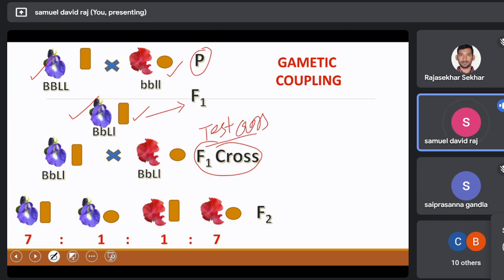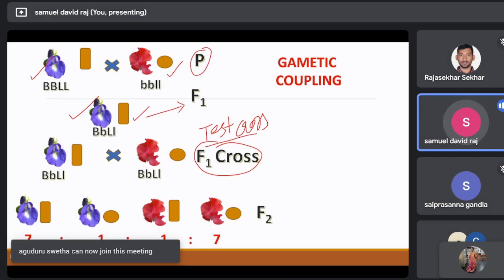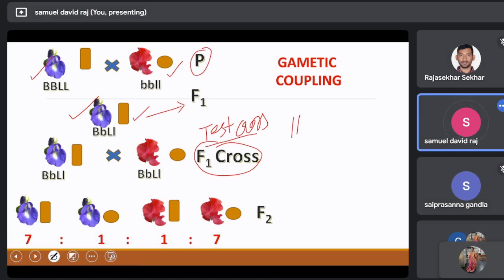What do you mean by test cross? The unknown genotype, which is the dominant heterozygous one, is crossed with a double recessive parent.